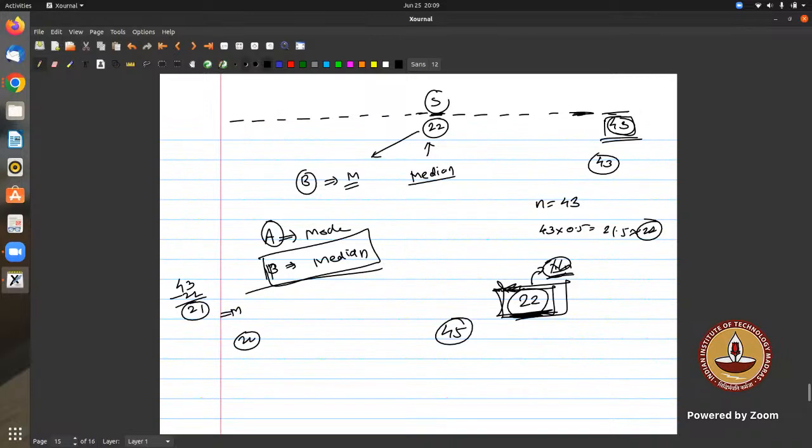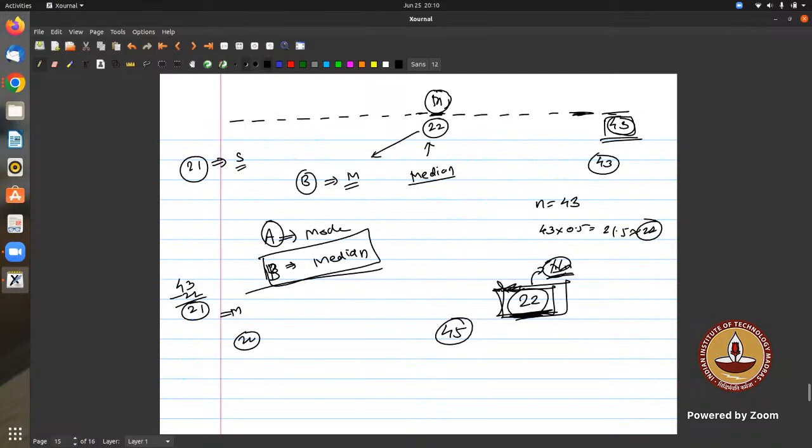Let's say B has the median. In the hypothetical situation, let's say M is the median here, and there are 22 players who wore S size jersey.